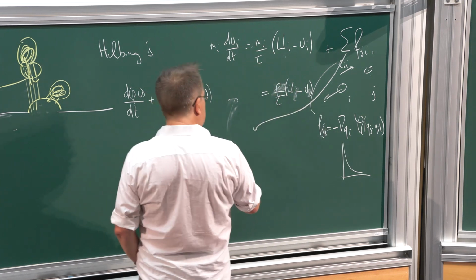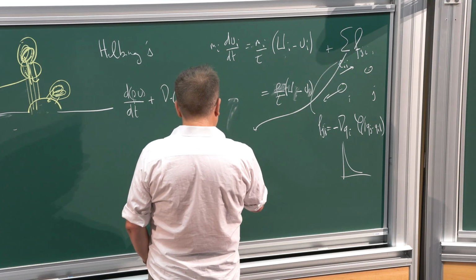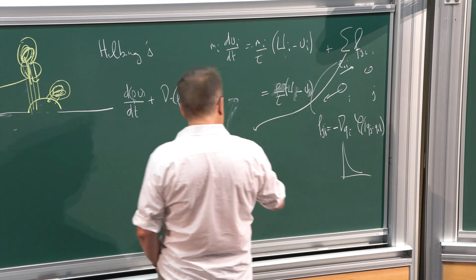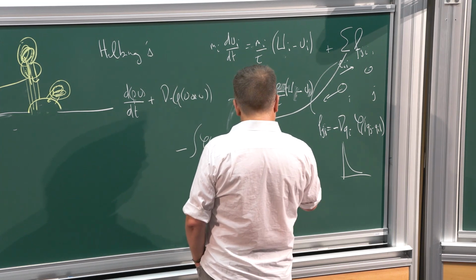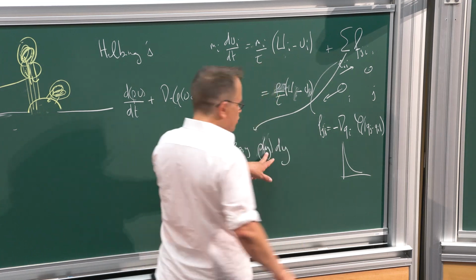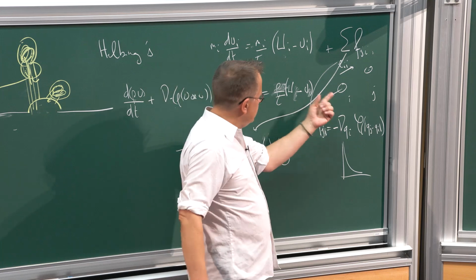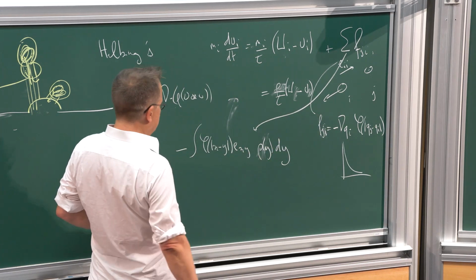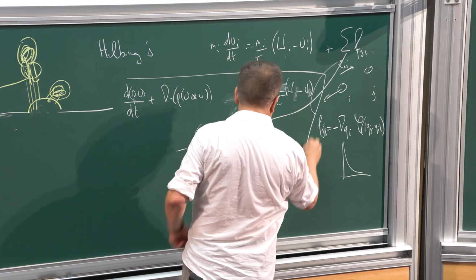That could be the integral of something like phi of x minus y, with a minus sign, integrated against the density. So this corresponds to all the repulsion force exerted by other particles. Okay? So it's not very clean, sorry, but it gives you a PDE.